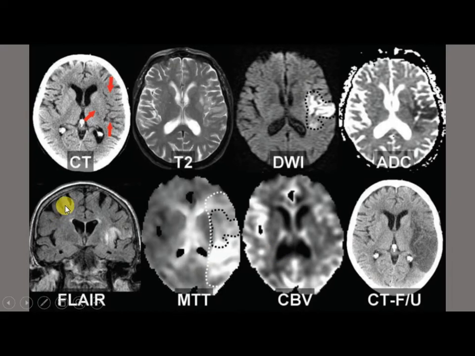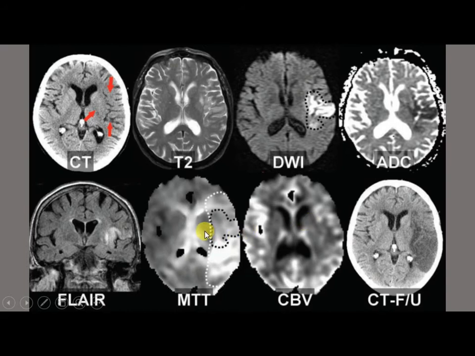In the FLAIR, the hyperintense signal could be seen. This is hyperintensity just like T2, but as we suppress the normal CSF signal, it's highlighted in FLAIR.